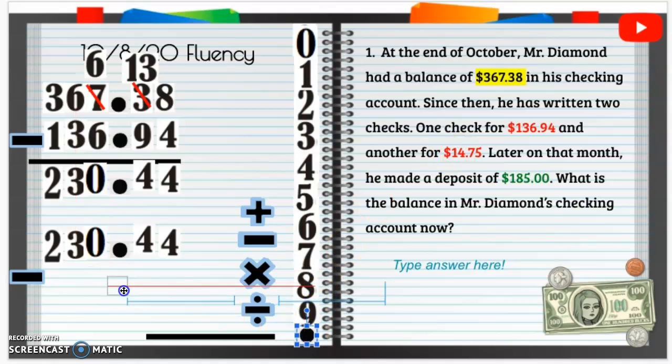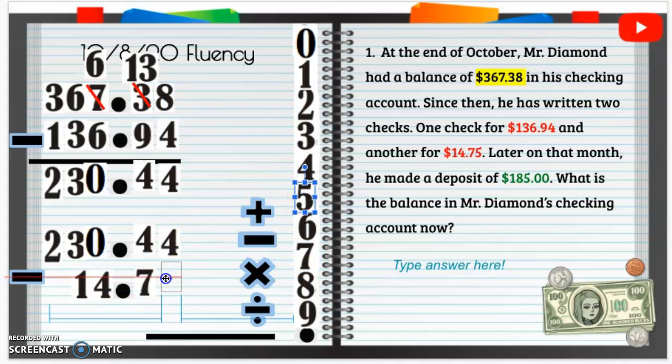Now, remember, when you're adding or subtracting decimals, line them up. So we have $14 and 75 cents. All right, here we go. Let's subtract these.